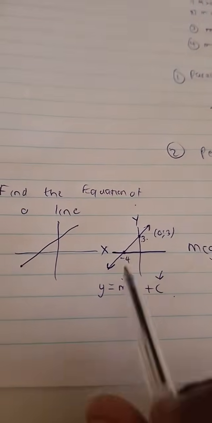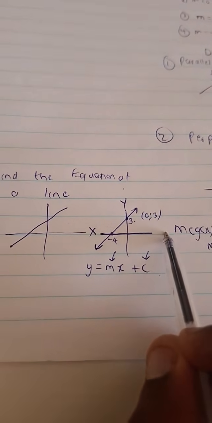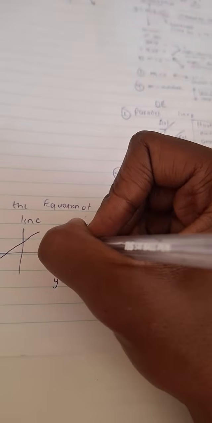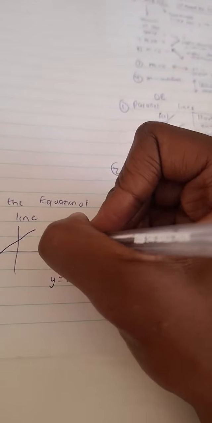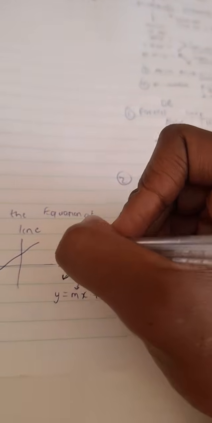Let's come here. This is called the x-intercept, where the graph cuts the x-axis. What are the coordinates for this particular point? Here, on the x-axis, the x value is -4, and the corresponding y value at this point is 0.